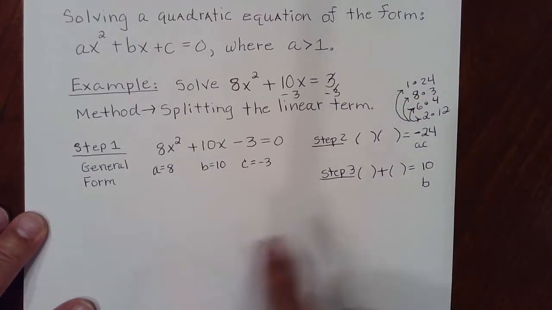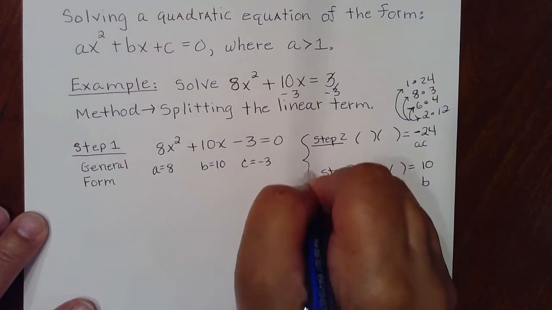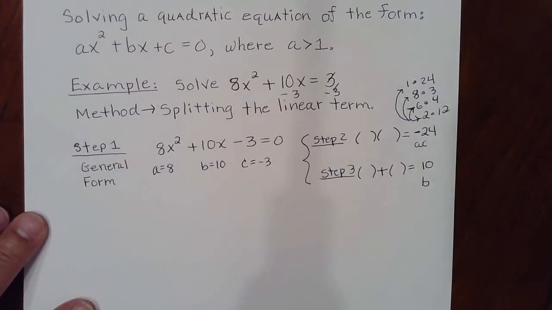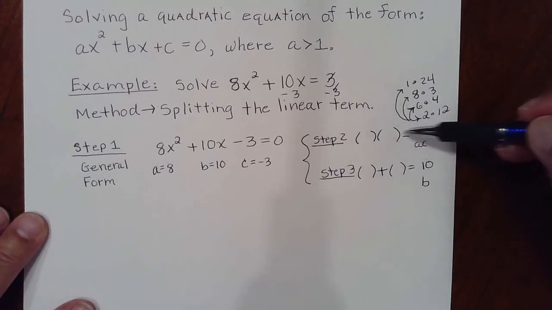Okay, so now as we look at these two steps and realize that whatever pair we use, there's 4 different pairs here, and we're going to decide which one. Whatever pair we're using does have to add up to 10, but yet we also have to get a product of negative 24. So let's think about that and what it means to get a product of negative 24.